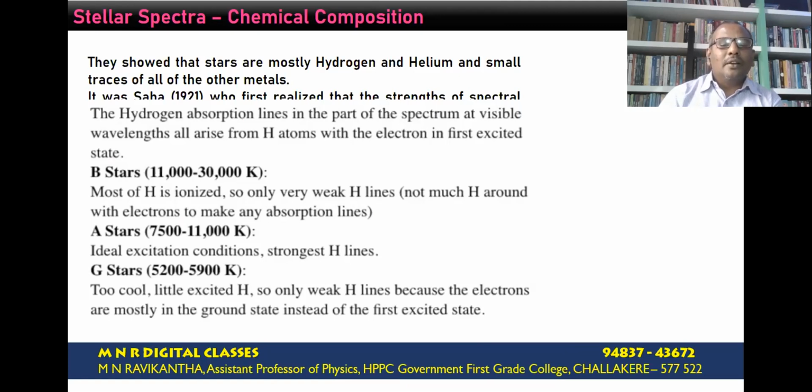So observe that as the temperature falls, the electrons will be in different excited states. The spectrum of stars with hydrogen atoms looks different under different temperature conditions, because of the position of the electrons in various excited states.